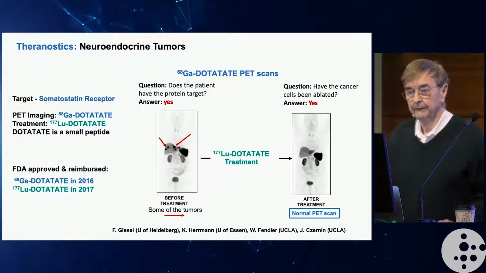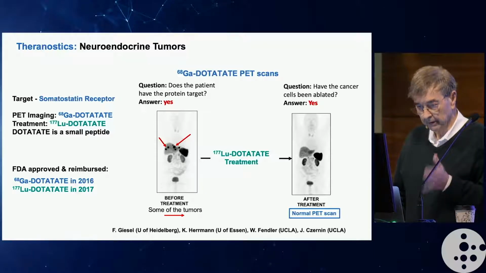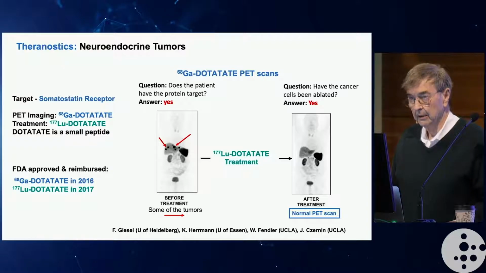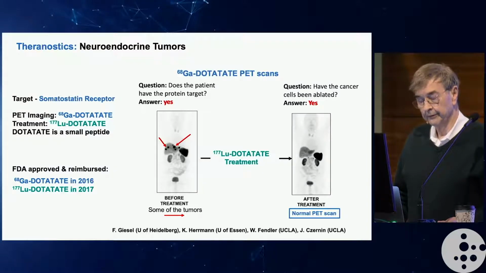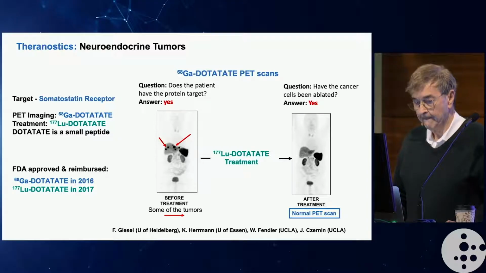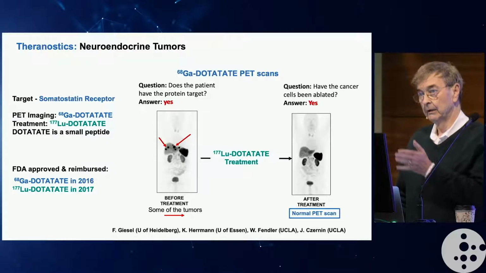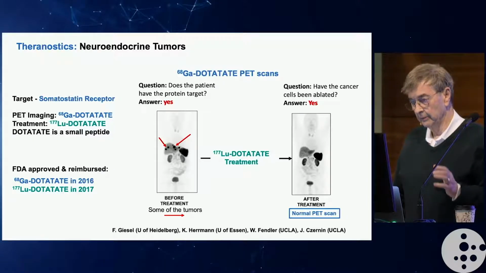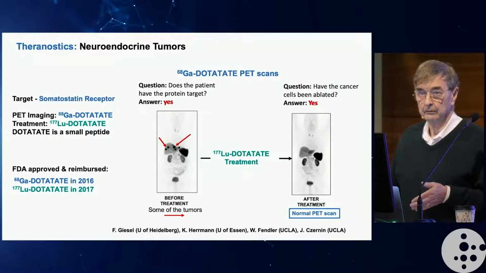So first we'll look at neuroendocrine tumors. We pick a target, somatostatin receptor in this case, and there is a 100-fold increase on the surface of neuroendocrine tumors. Now, when you look at the images that I show you here, and as I go through and change the cancer, the target, and the probe, I don't want you to just think about detecting cancer.